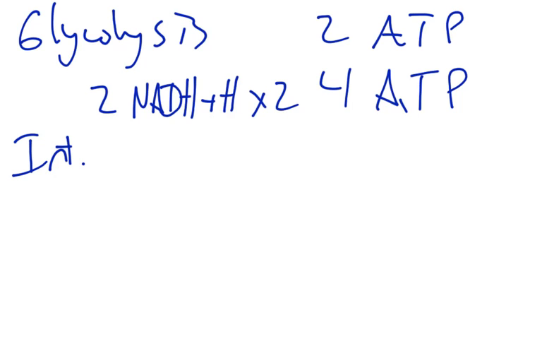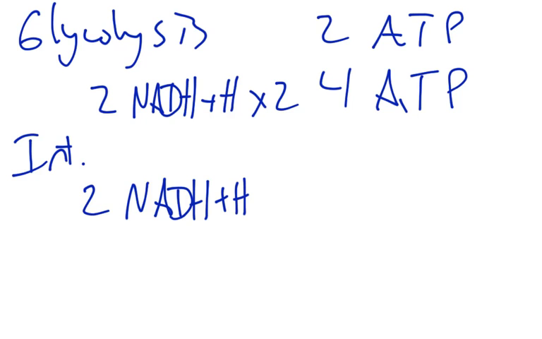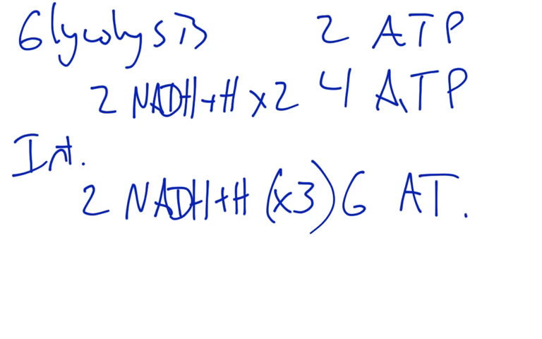In the intermediate step, do we make any ATP? No. But what do we make? We make 2 NADH. Now, the intermediate step occurs in the mitochondria, right? So it's actually worth, for each NADH, you make 3 ATP. So how many ATP is that? 6.